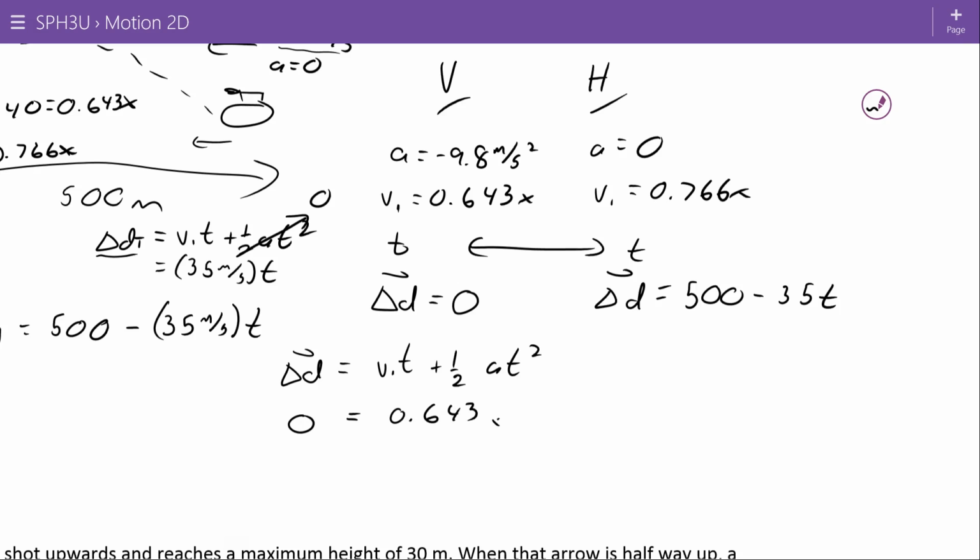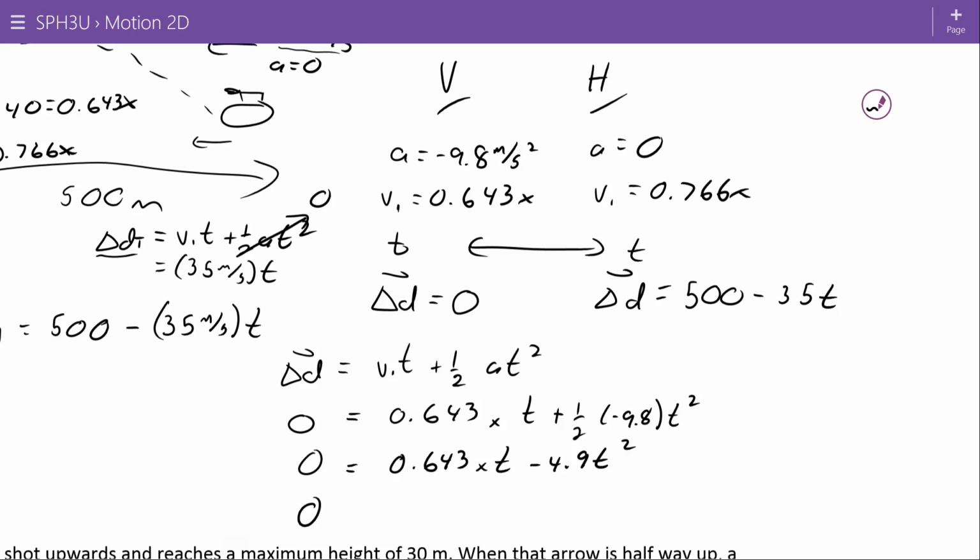0.643 x times t plus 1/2 times negative 9.8 t squared. And I can simplify this equation to be 0.643 xt minus 4.9 t squared. And one more simplification.